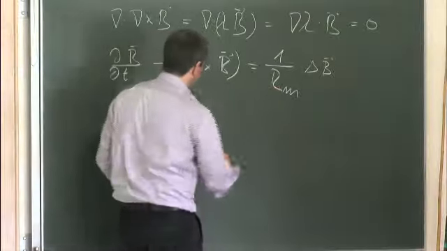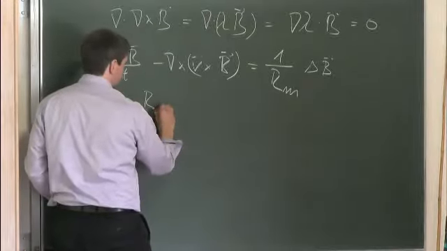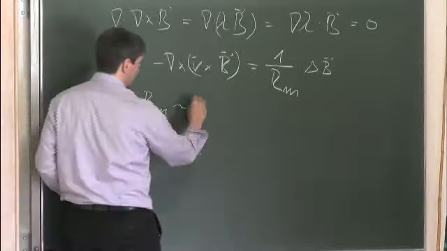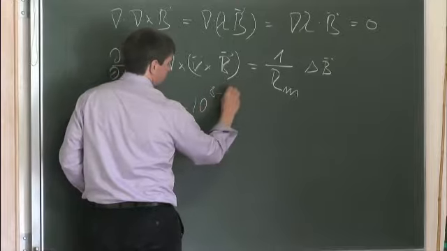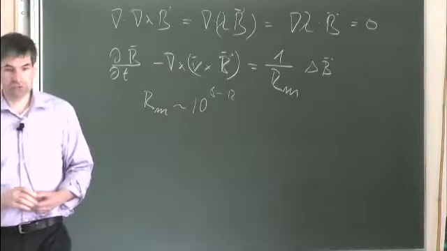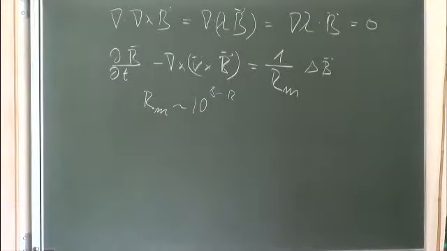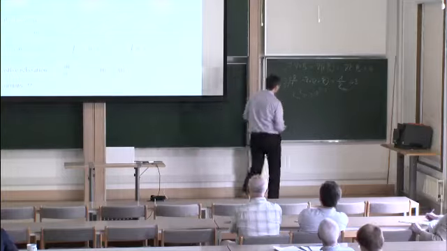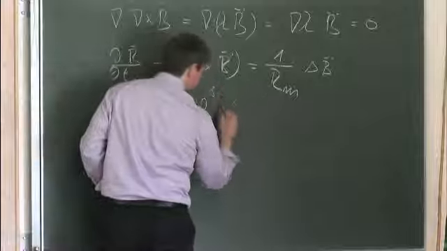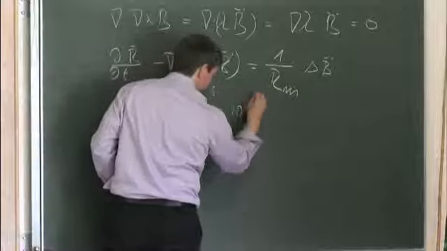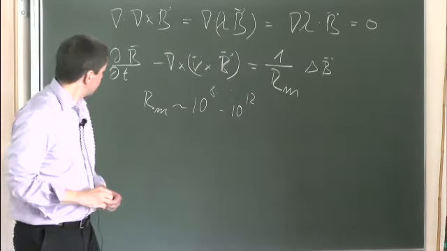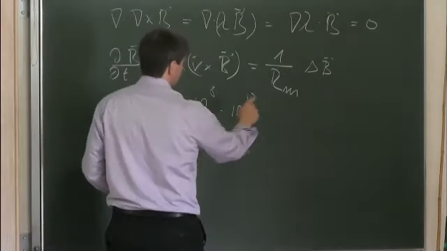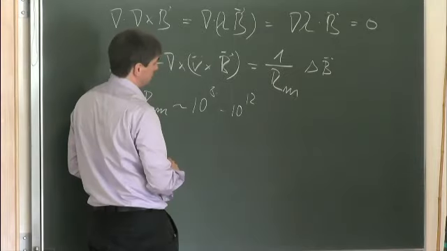This Rm, the magnetic Reynolds number for plasmas in the solar corona, is pretty high. Depending on who you ask and which situation exactly, you can have values between 10 to the 8 and 10 to the 12. So this is a very, very small term in general.